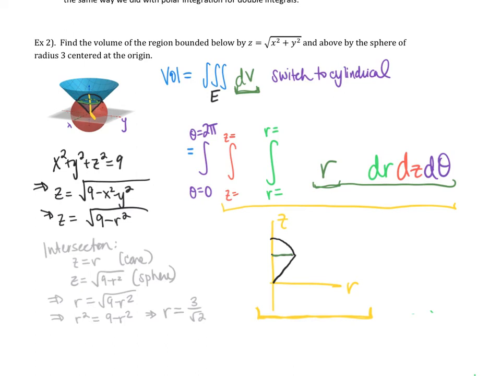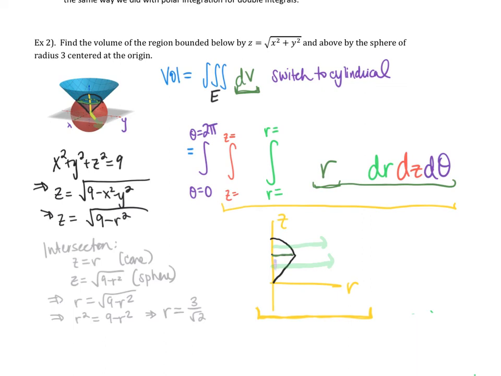Okay, so in that case, because I'm trying to integrate with respect to r first, I'm going to shoot an arrow radially outward in the r direction. But in my ZR picture, that's going to look like this, because this is the r direction. So I'm going to shoot something radially outward in r, and look at where it enters and where it exits the region. That's equivalent to shooting out radially in the 3D picture. Notice it's entering and exiting in different spots depending on where I shoot.